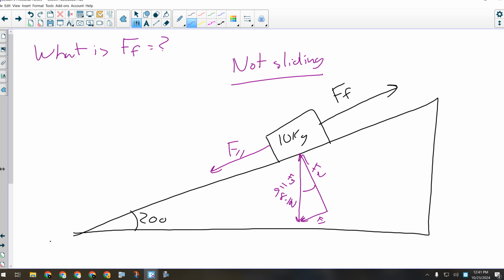Right? Now to answer the first part of this question, all I need to do is find force parallel. Right? So F parallel will be the sine of 20 degrees times the hypotenuse of the triangle, 98.1.